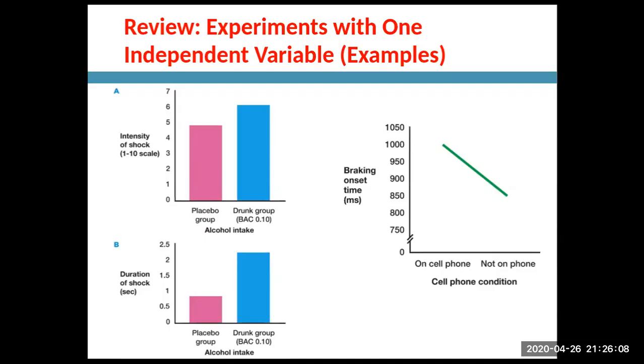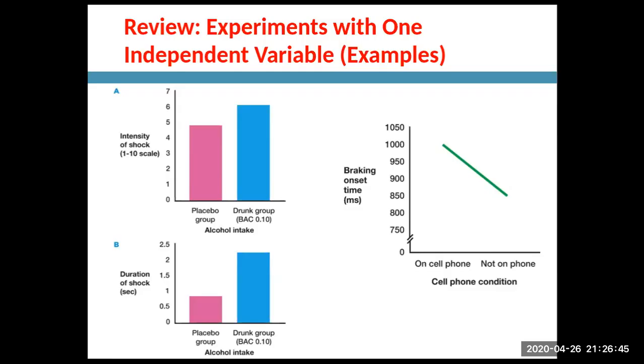So, looking at the first one, this was a fake experiment, meaning the person thought that they were shocking another person, and they wanted to see if the amount of alcohol in your system, or if you were drunk versus not drunk legally, would make a difference on both how intense the shock was on a scale of 1 to 10 towards somebody, and how long you held the button for, the duration of the shock.